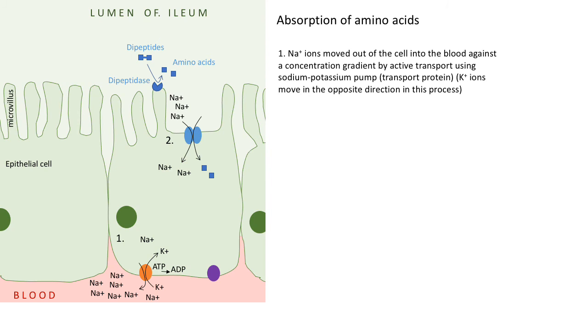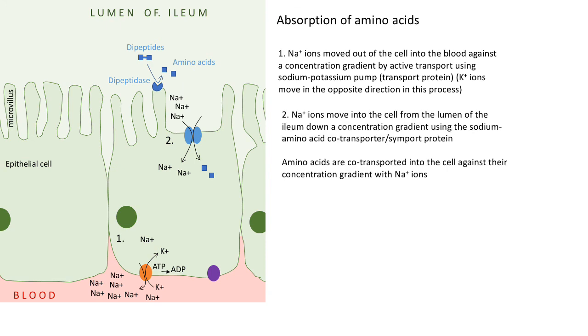So we get sodium ions moving in by facilitated diffusion, well, co-transport really, but they're diffusing down, and amino acids moving against their concentration gradient using this co-transporter. Step 2.